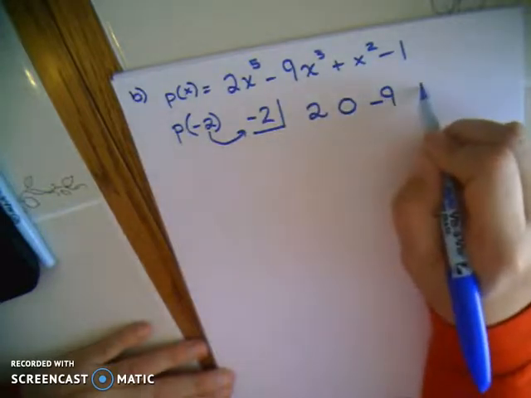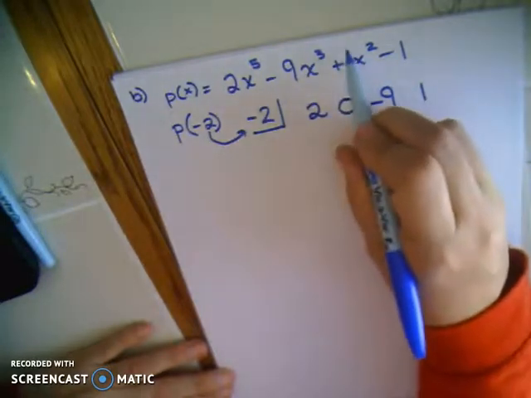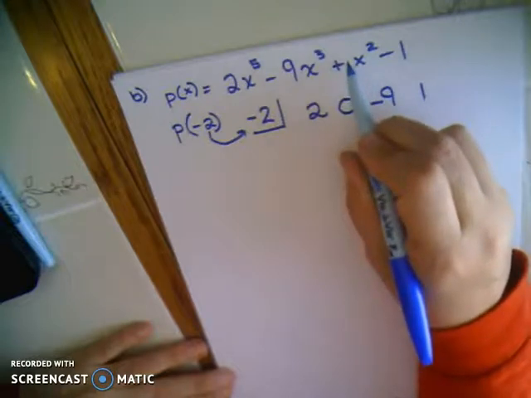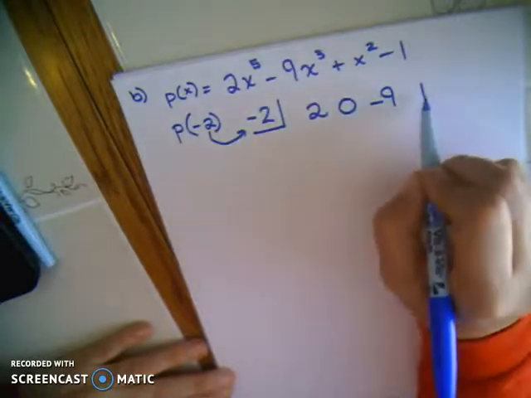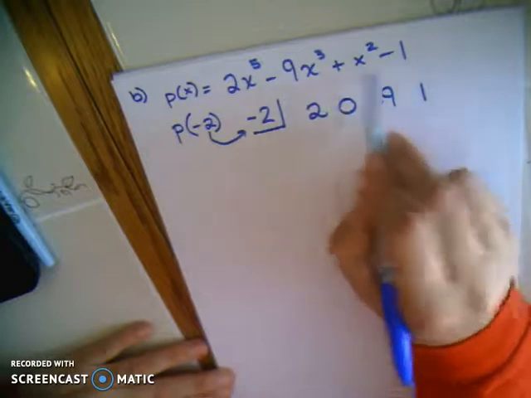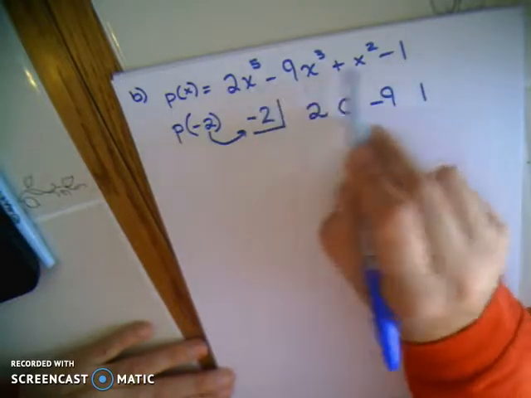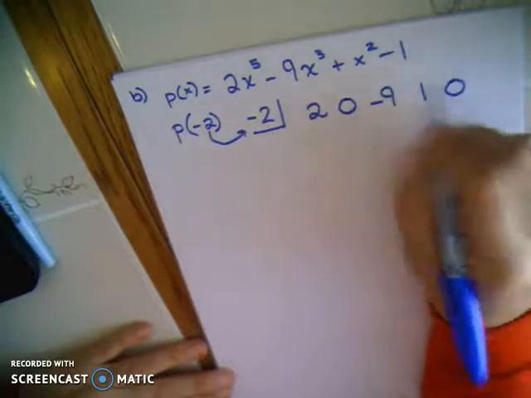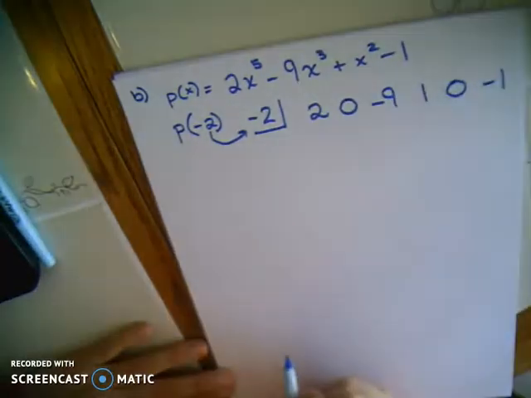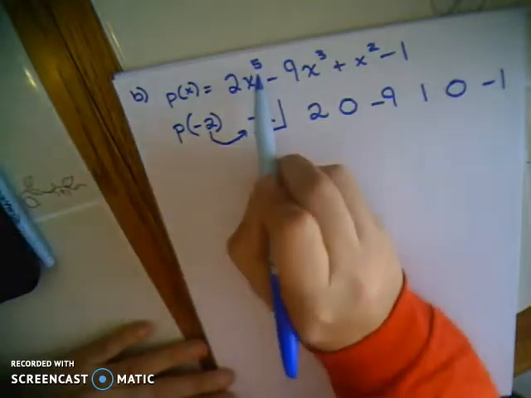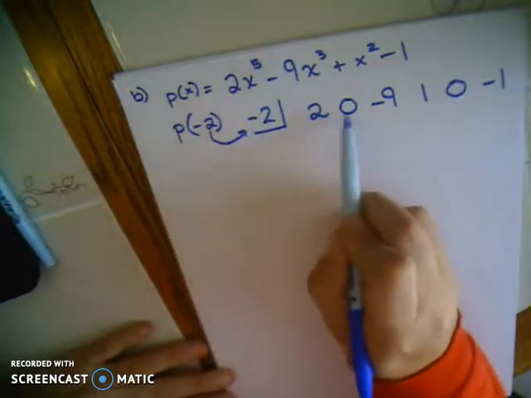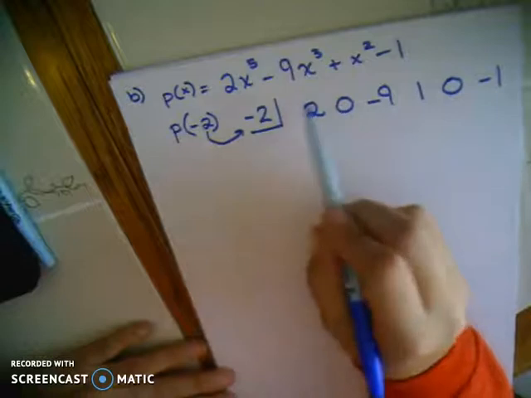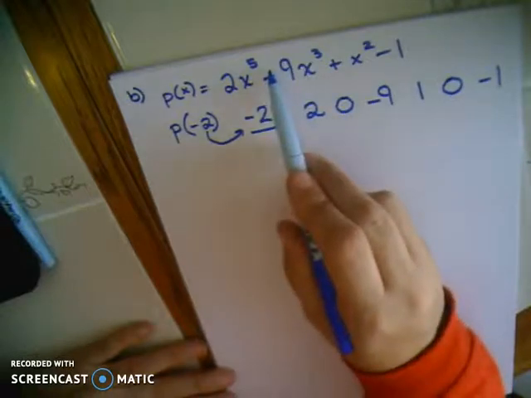Then I need my x squared coefficient. We do see an x squared, but we don't see a number in front, so we can just say it's a 1. Then I need my x coefficient, just my linear x, and there isn't one here, so its coefficient is 0. And then I need my constant, and again, bring the sign with it. It's -1. So 5th power means 6 coefficients, and it's because my x to the 4th term is missing.